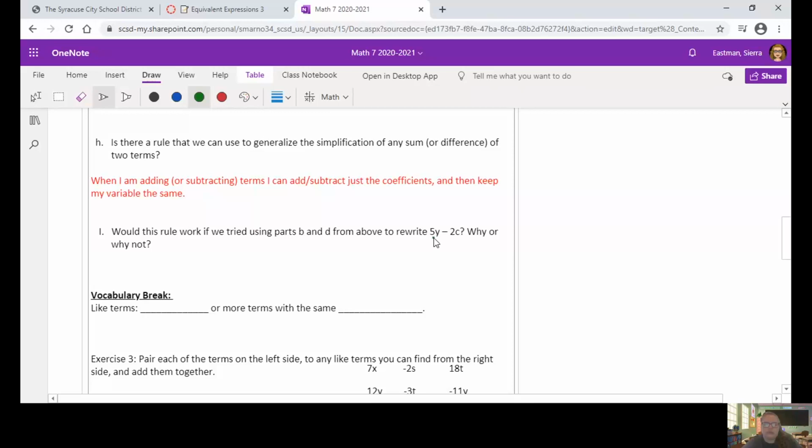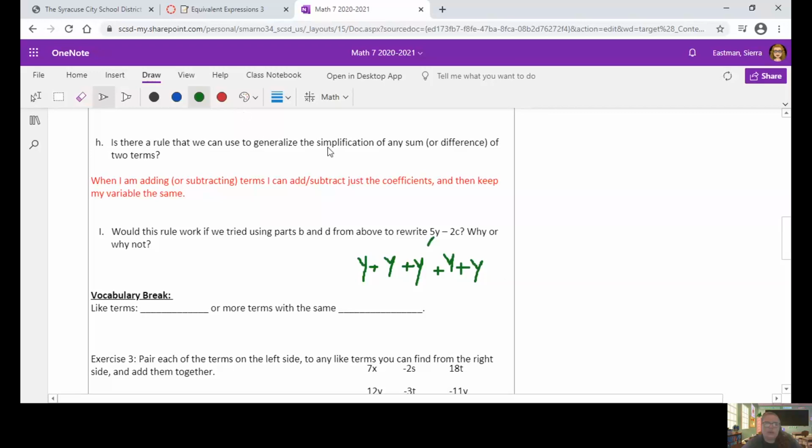All right, let's check. If I take that part B from exercise 2 that we did above, 5y would look like this. y plus y plus y plus y, and one more.